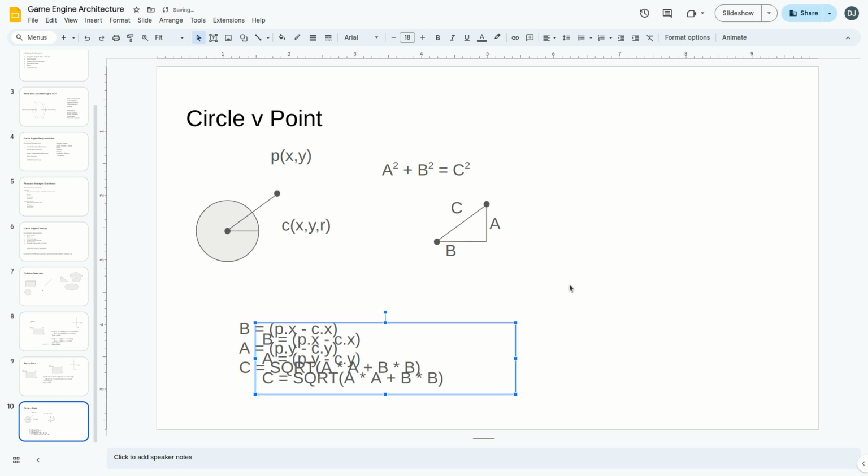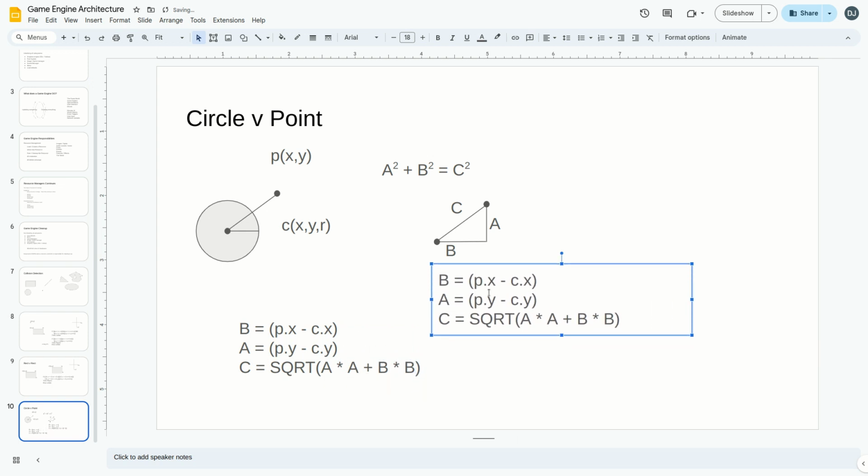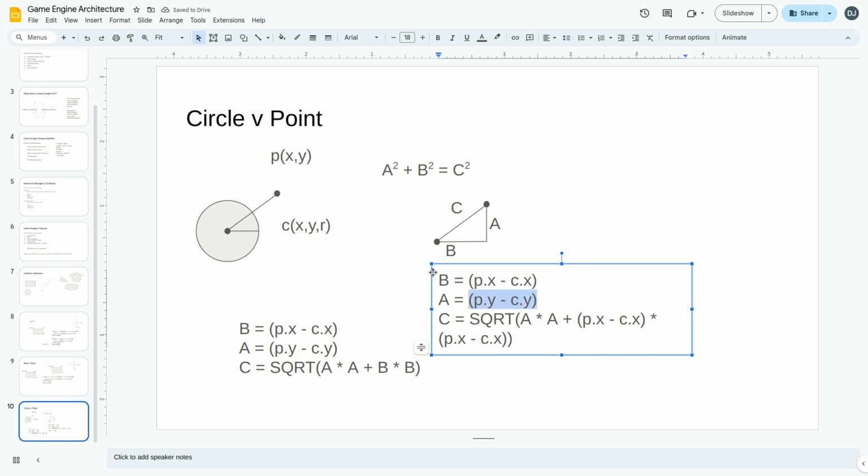Let's rewrite this whole thing as a single piece of code. Just substituting here. Paste. Paste. Paste. And paste. Oh, and look, let a semicolon, and now it's code.